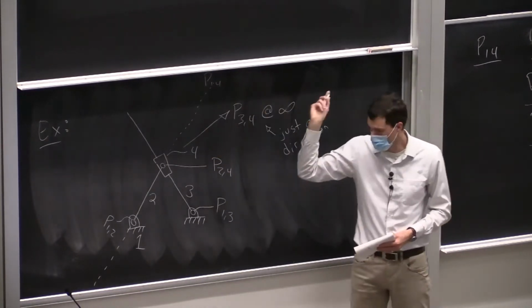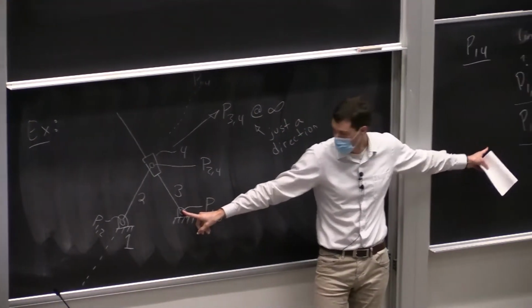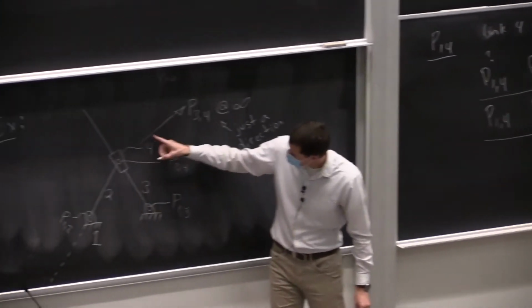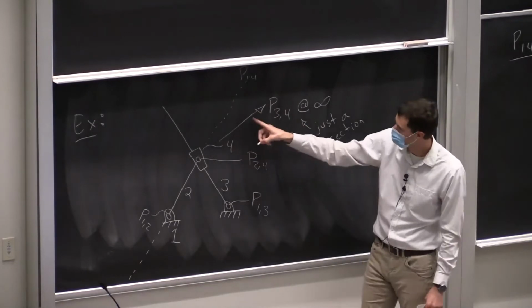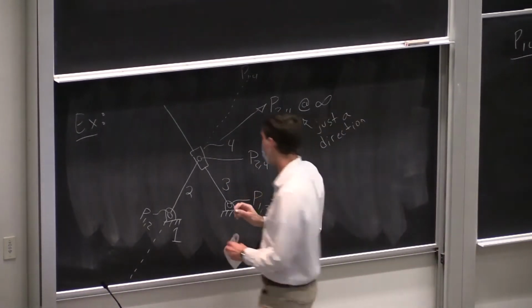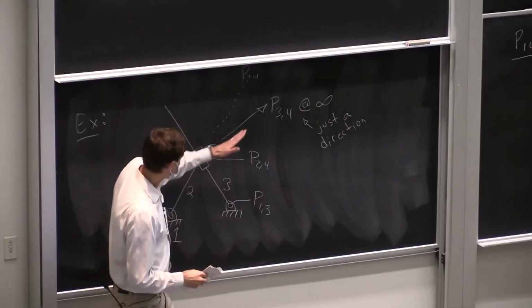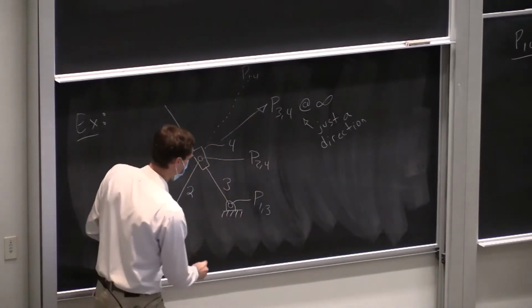P34 tells us the direction. So if I wanted to draw that line intersecting with P13, I could do that. So it should be parallel to the slide, parallel to this line, which is perpendicular to the slide, and intersecting here. So let me put that on. It's like I'm shifting this P34 line down to intersect with P13.